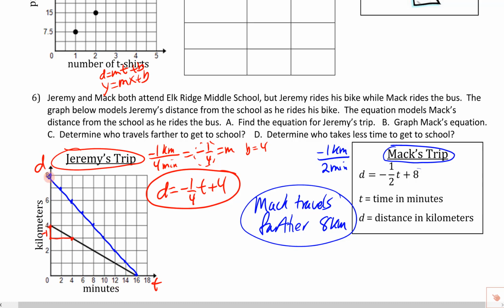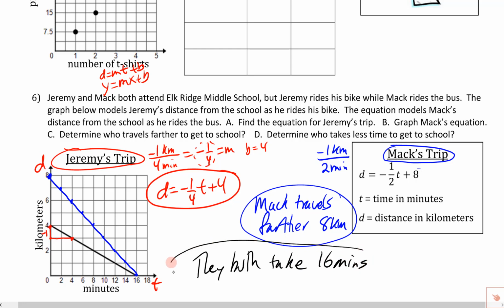Now, Mac lives further away, but he also gets there in 16 minutes. So the answer to this one, determine who takes less time, we're going to say they both take 16 minutes. So it's a tie. They leave at the same time, and it takes them 16 minutes to get there. So they both get there at the same time.